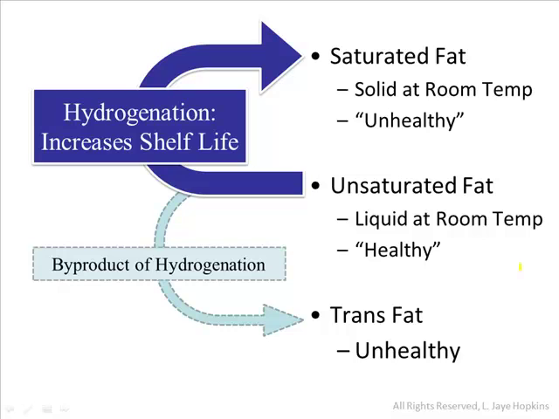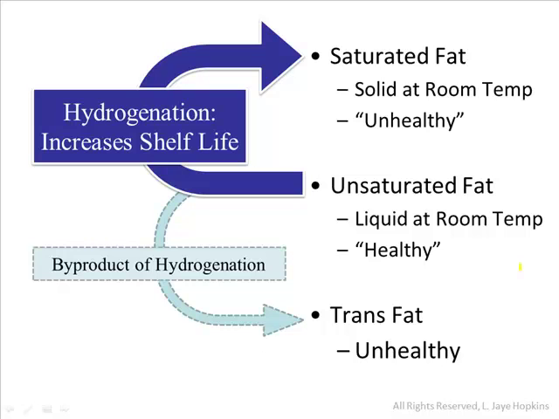The consequence of this is that our modern production processes that produce foods with saturated fats also produce foods with trans fat. And here's a nasty little thing to watch out for when it comes to reading food labels. All that a food producer has to report when they write their food label is the amount of trans fat that they measure. But anytime you're reading a food label and you see that it's a hydrogenated food, it might contain something like partially hydrogenated soybean oil, that means they took the unsaturated soybean oil and they hydrogenated it.